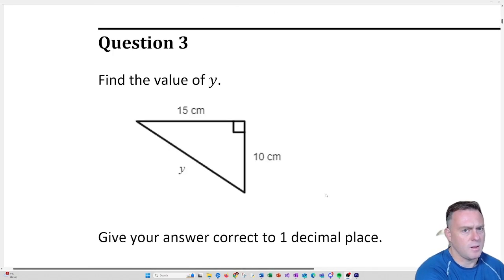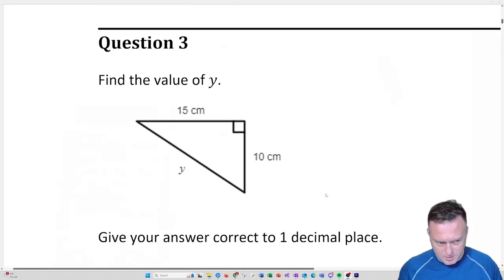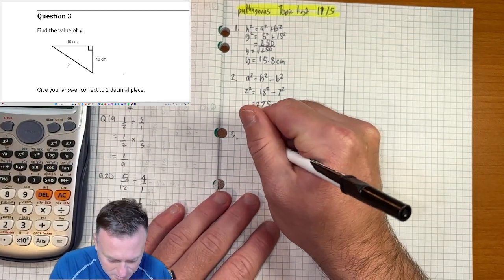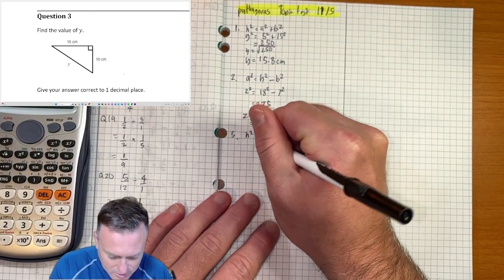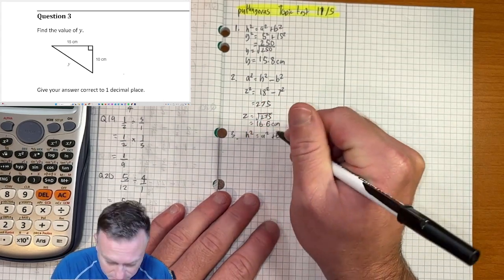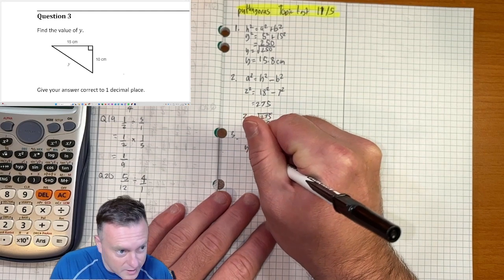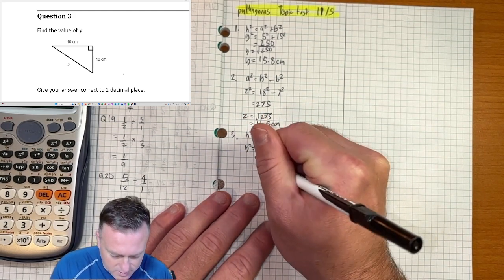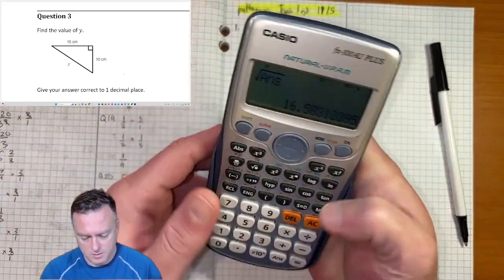Question 3. Scroll down. Find the value of y. That's really a pretty easy one. It looks almost like a triplet. And because we find the hypotenuse, we can go straight to the rules. So we go h squared is equal to a squared plus b squared. And then we fill in the blanks. So we go y squared is equal to 15 squared plus 10 squared. Grab our calculator.